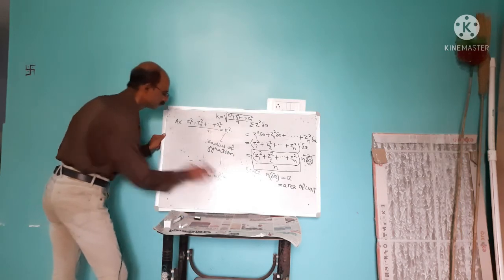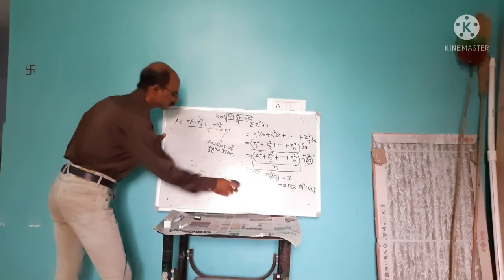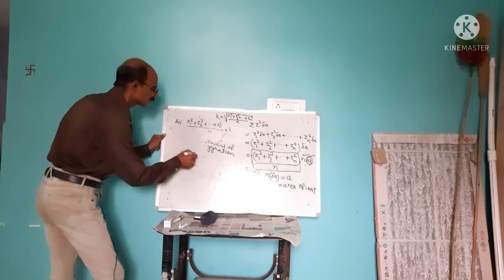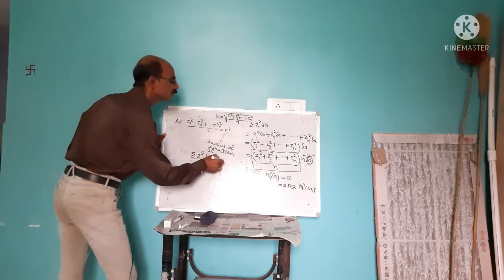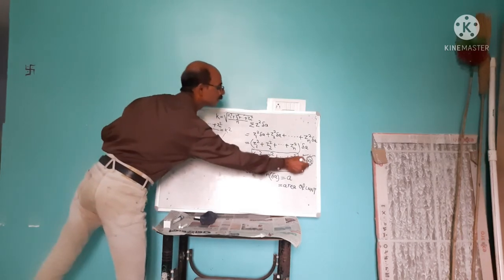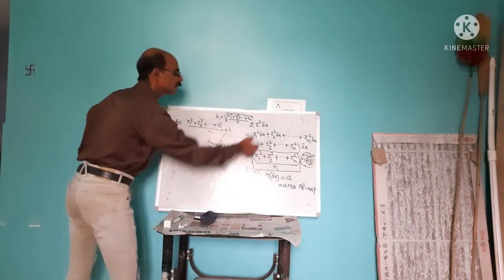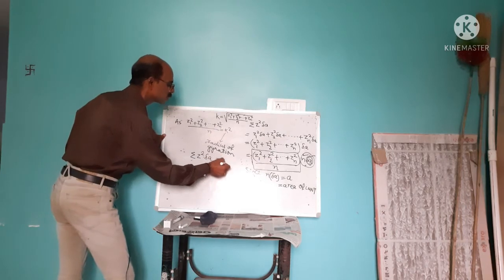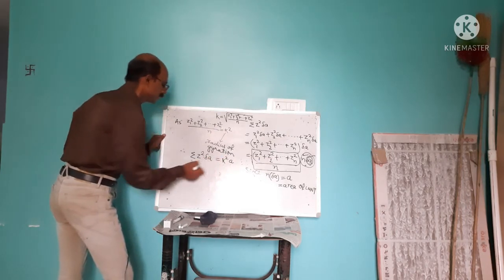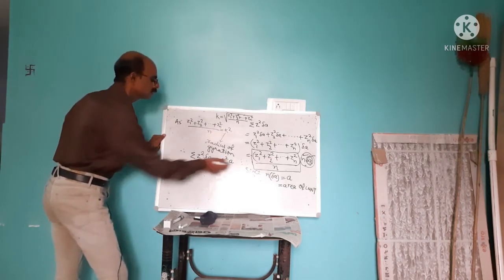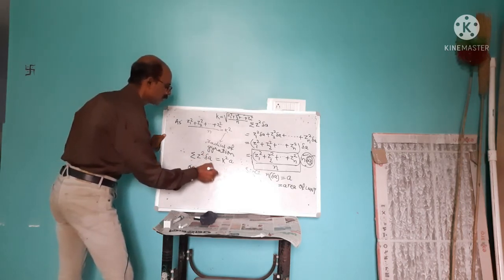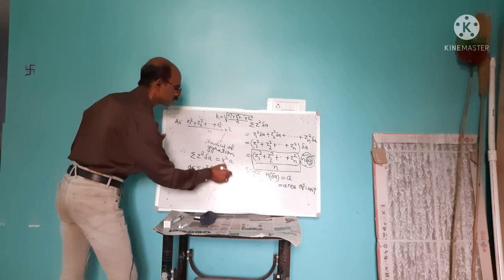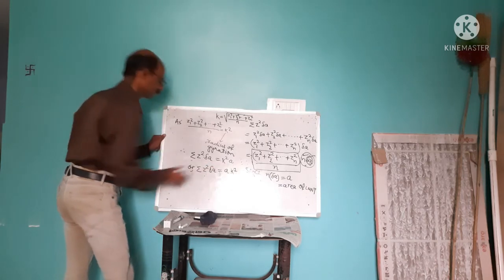Therefore, sum of Z square del A is equal to A k square.